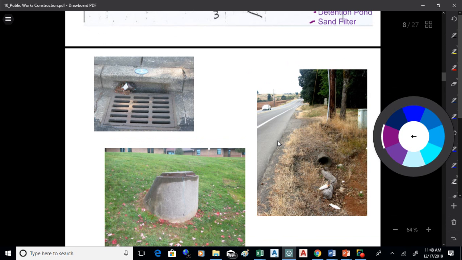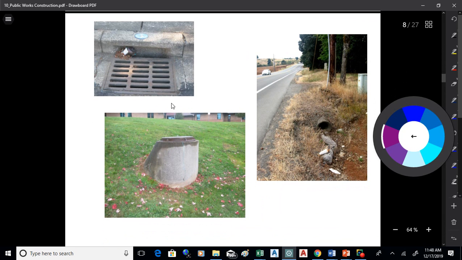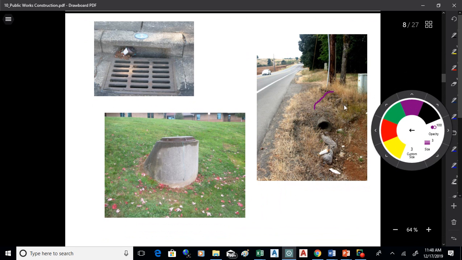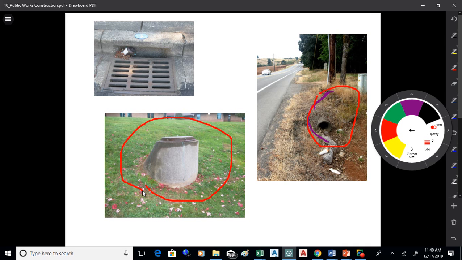All right, so there's a picture of some of these things we're talking about. What we have here is a culvert right there. Here's a manhole sticking up out of the ground. Now, they're not usually sticking up out of the ground. Usually, of course, they're down flush with the street. What you'll see in the street are these lids.